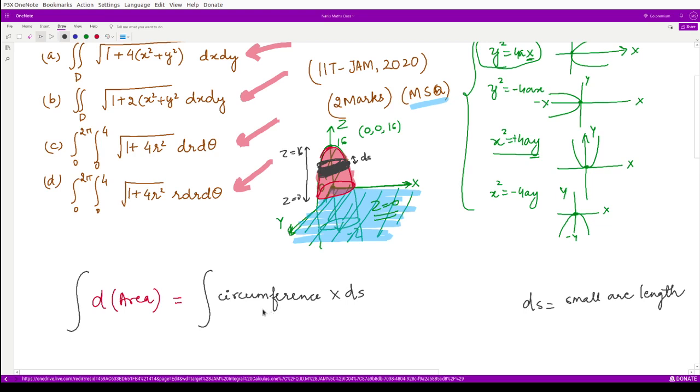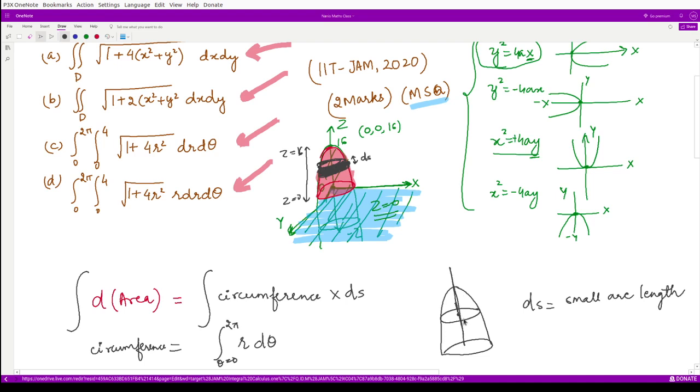Okay. So now what is the circumference here? The circumference is equal to r d theta, and the limits of theta vary from 0 to 2 pi. How? If you take this shape and draw a circle like this, it would have its center on the z-axis, right?